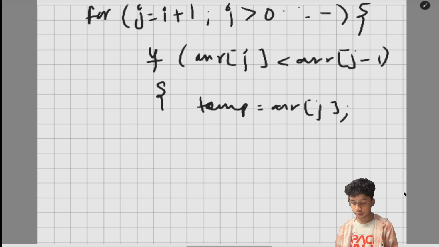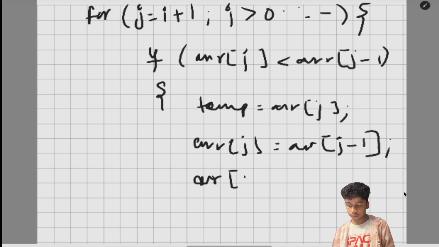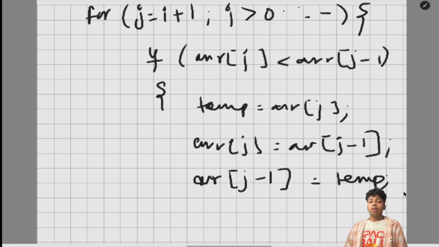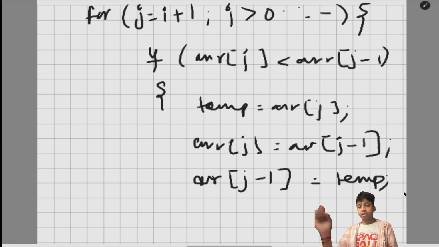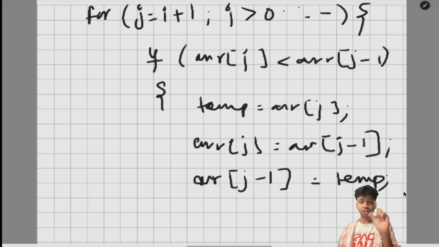Put array of j minus 1, that bigger element, in the place of array of j, and array of j minus 1 will be the smaller one, because 0 was the smaller and 9 was the bigger element, so 9 will get right shifted and 0 will get left shifted. So this one is the right shifted index, and this one will be the left shifted index, that is j minus 1.